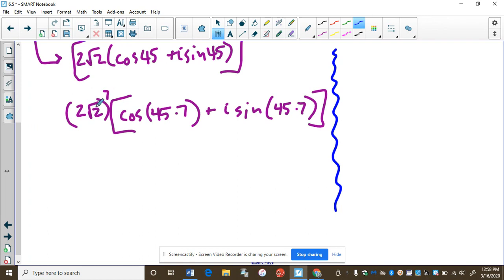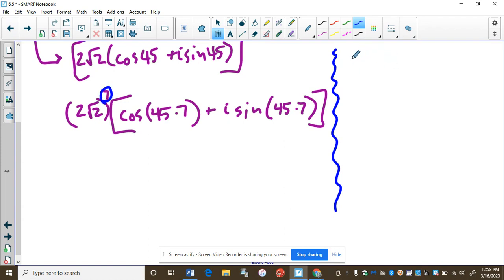Like when we take the square root of 2 and we square it, we get 2. When we take the square root of 2 and we raise it to the 3rd power, that's the square root of 2 times the square root of 2, which is 2, times the square root of 2. So we still get radicals when we raise something like this to an odd power.